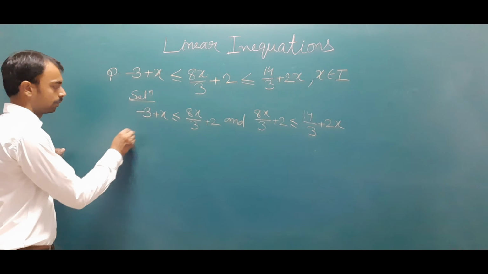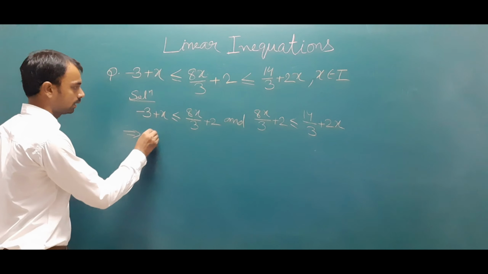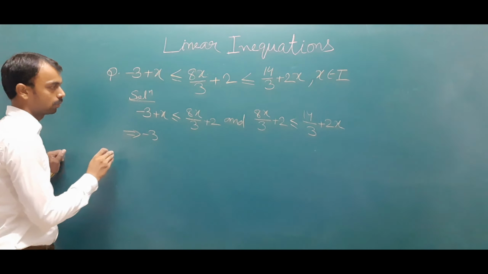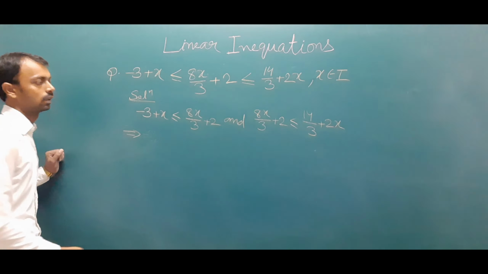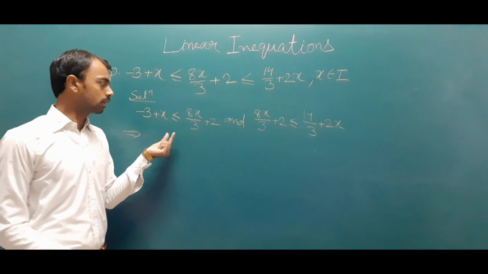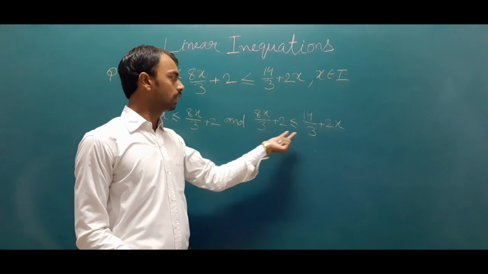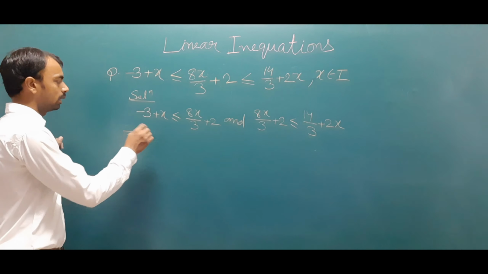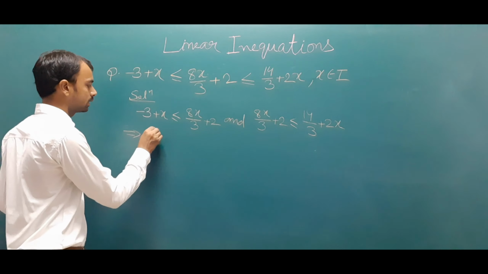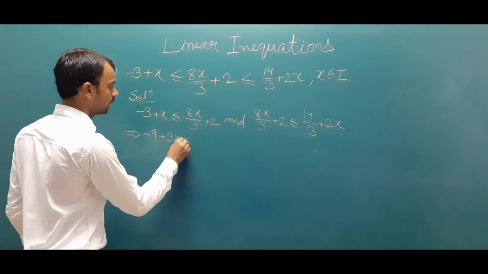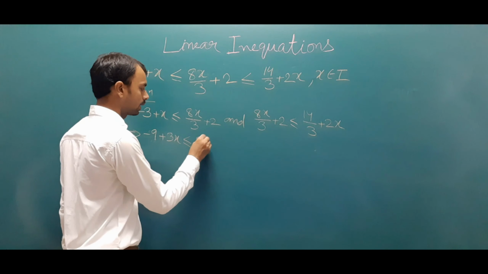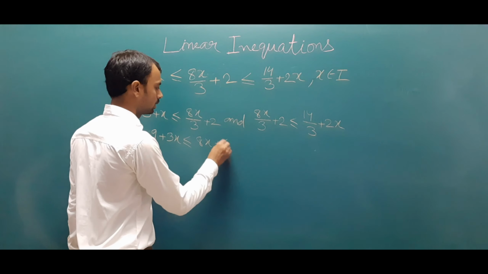Okay, now here minus 3 and this 2 will get transferred to this side. First of all, eliminate this denominator. What we have to do is simply multiply by 3 throughout. When we multiply by 3, we will get minus 9 plus 3x is less than or equal to 8x plus 6.